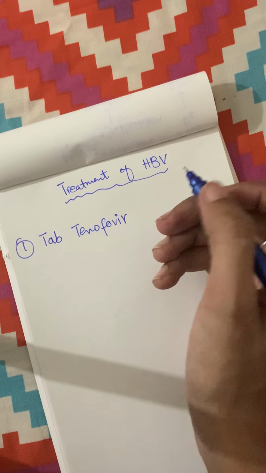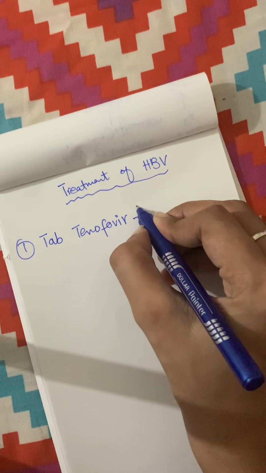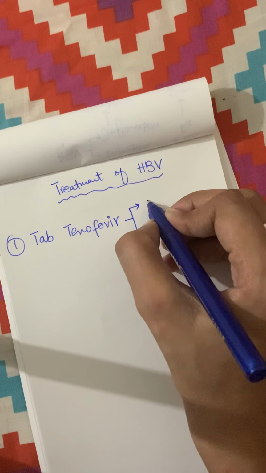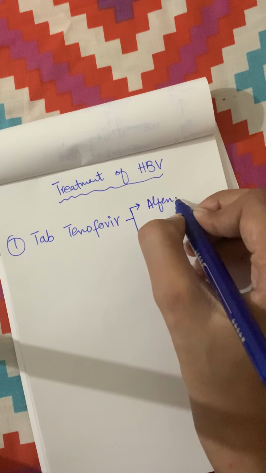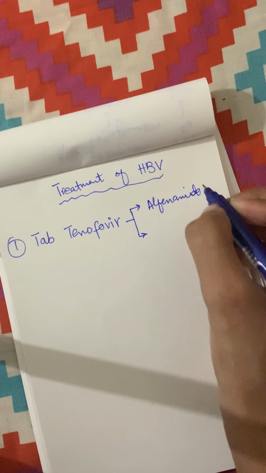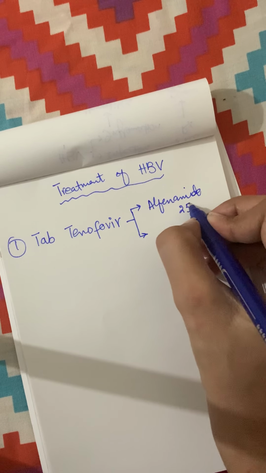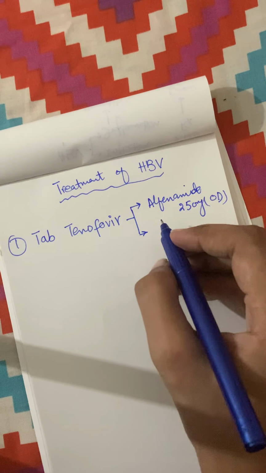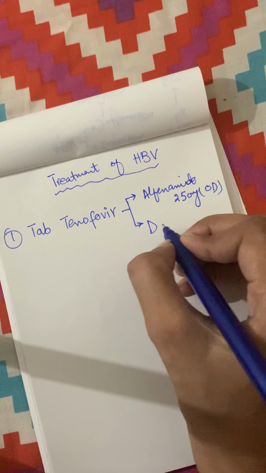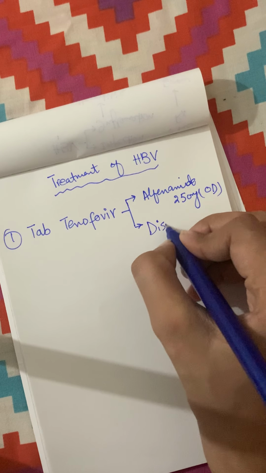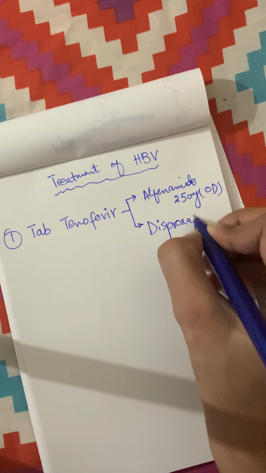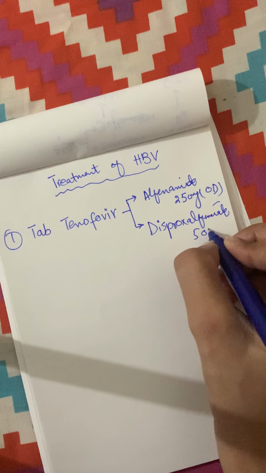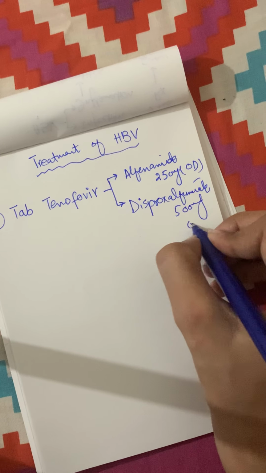There are two main categories in this. First of all is alafenamide, which we give as 250 mg OD. The second is disoproxil fumarate. Disoproxil fumarate is 500 mg OD.